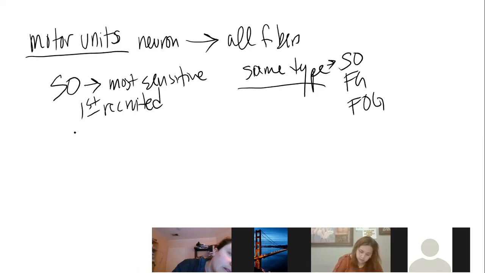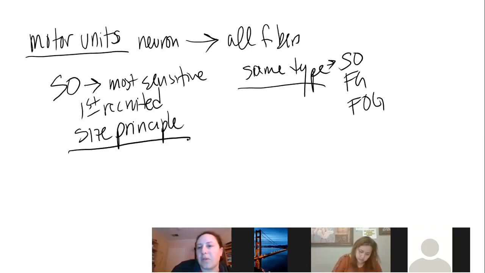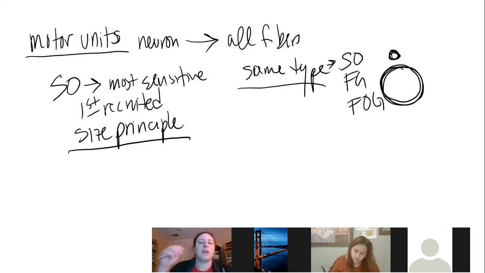And this is based on the size principle, because remember that the slow oxidative have the smallest diameter and the fast glycolytic have the largest diameter. So we always start with the smallest diameter muscle fiber motor units when we need to recruit.